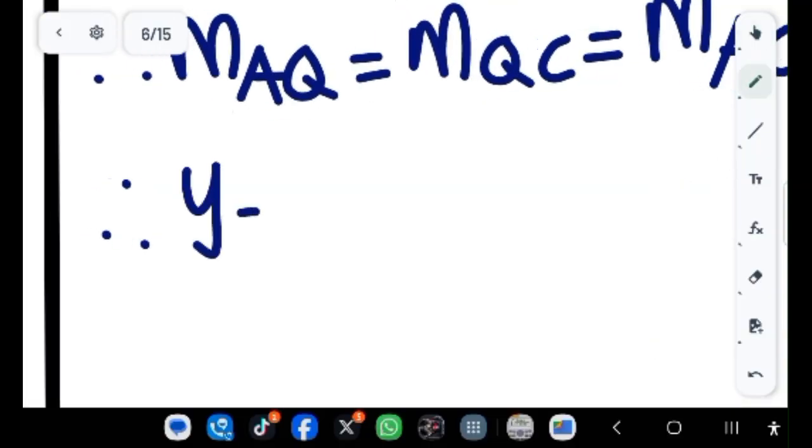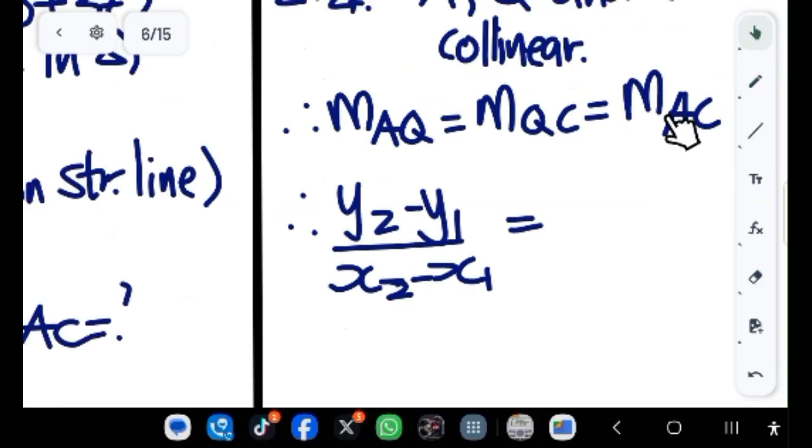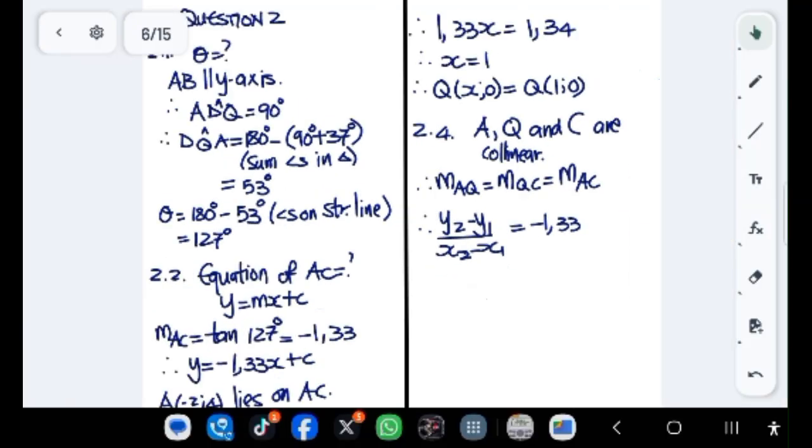So the gradient of AQ is y2 minus y1 over x2 minus x1, and that equals the gradient of AC, which is already negative 1,33. The coordinates of Q are 1, 0, and the coordinates of A are negative 2, 4.